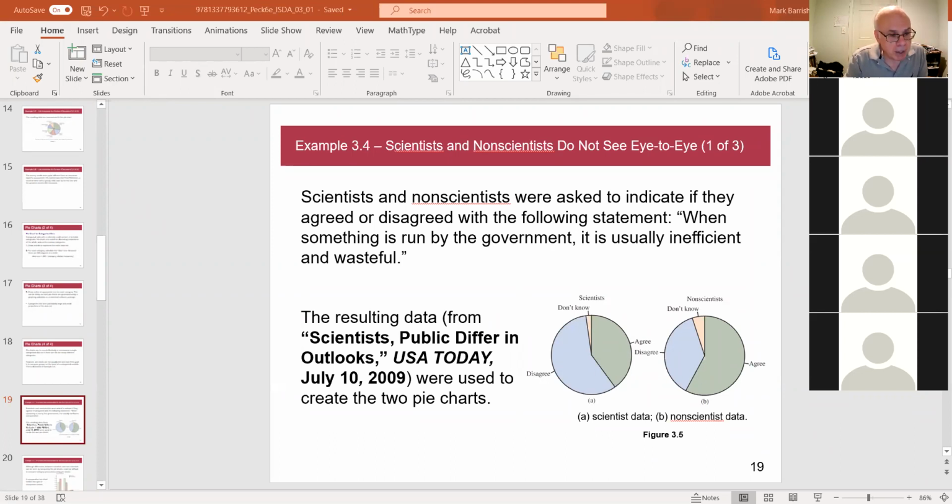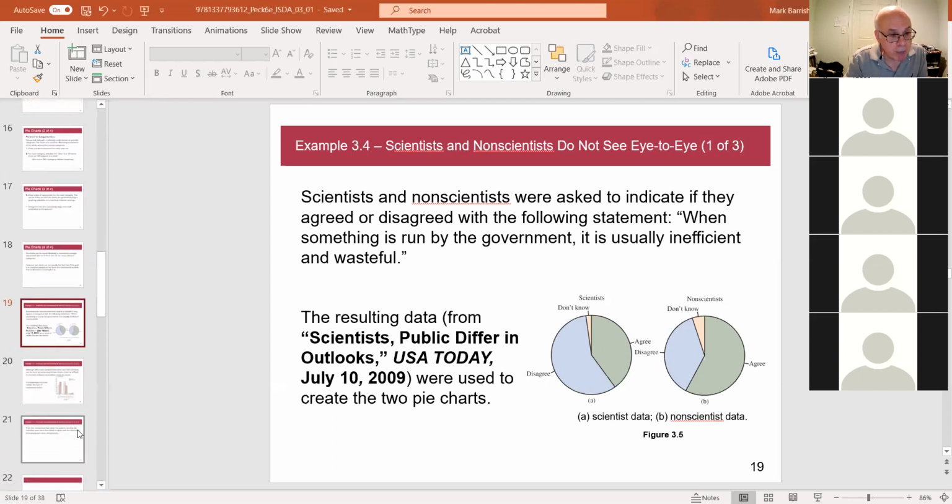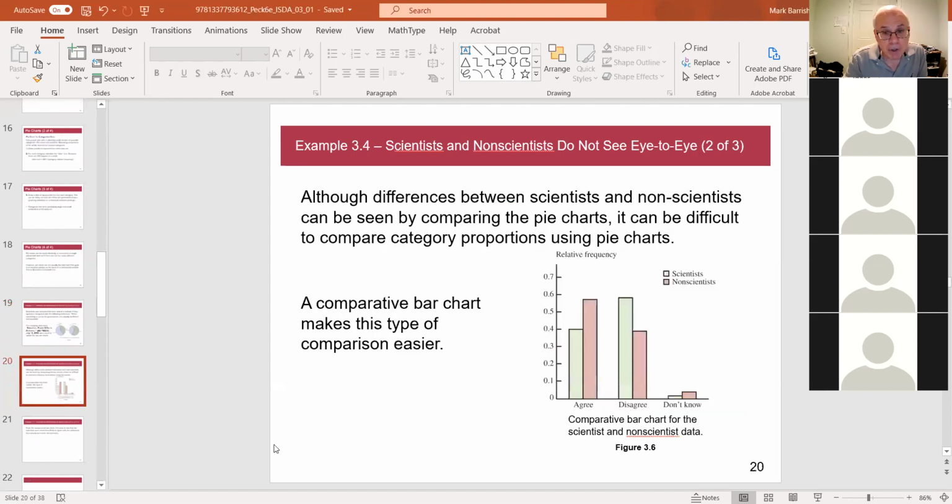All right. Now you could also express this question in terms of comparative bar charts. You could do this instead of having two pie charts, which might be a little bit difficult. That one wasn't, that was easy to compare, but this is easier, isn't it?